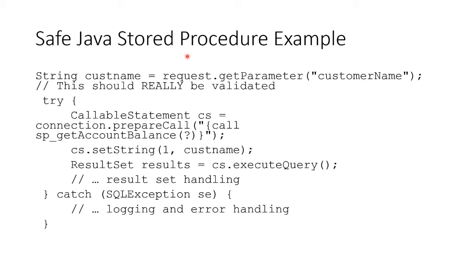Here's an example of a safe stored procedure. And again, we have this get a parameter called customer name. And we have a try-catch statement, but what we have here is we're creating this procedure here, and we're saying in the connection, make this connection here, create a stored procedure called get account balance.